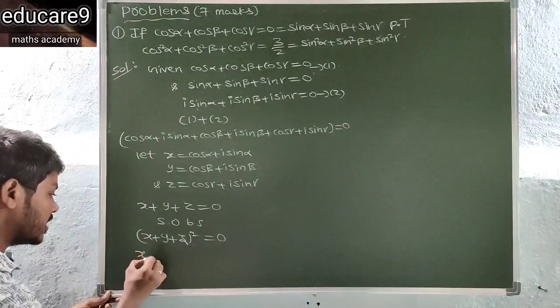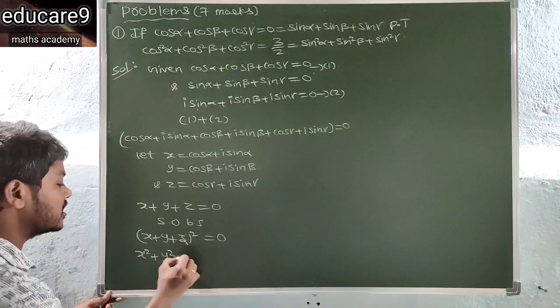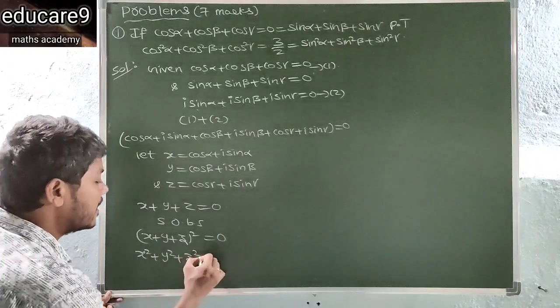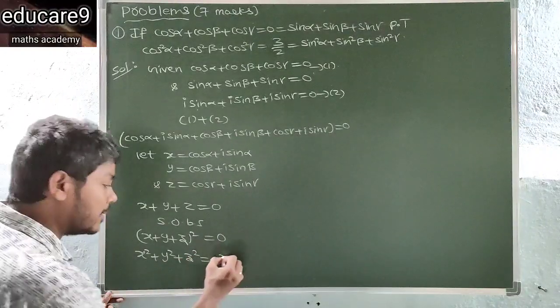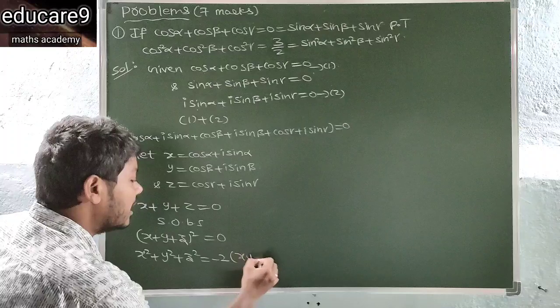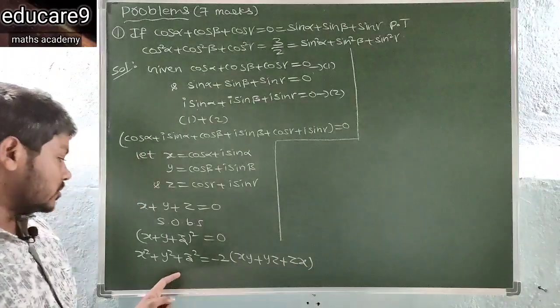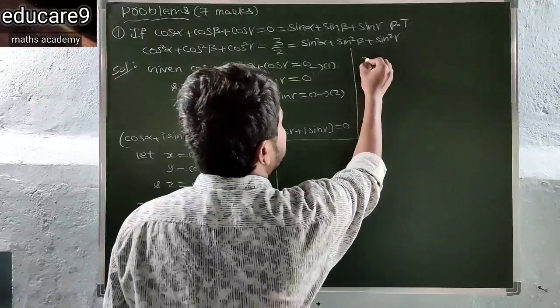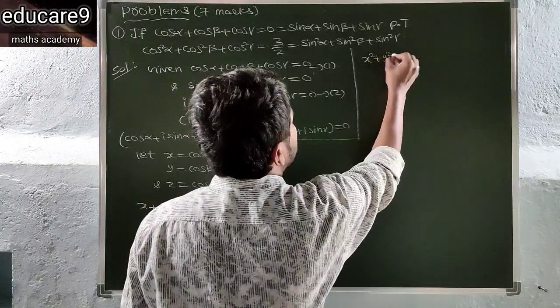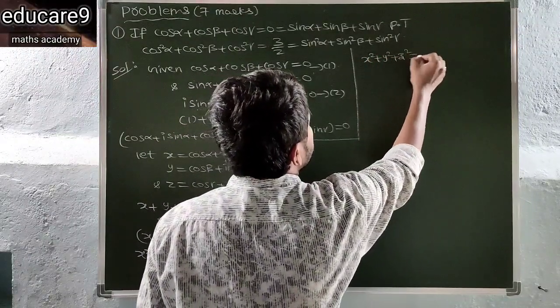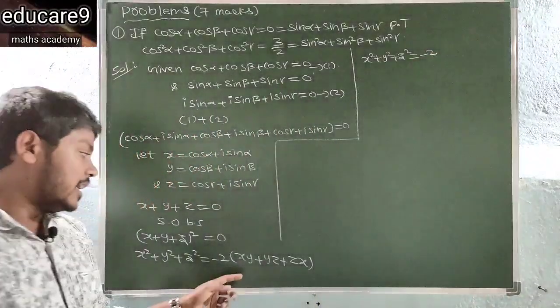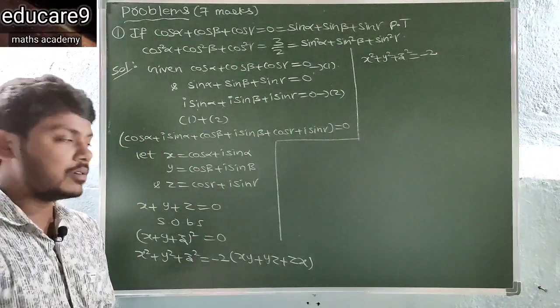So this can be written as x square plus y square plus z square is equal to minus 2 times xy plus yz plus zx. Now this can be written as x square plus y square plus z square is equal to minus 2, where xyz is common.